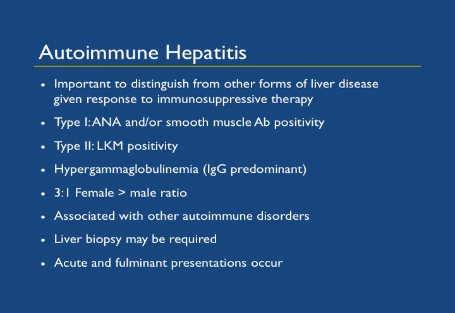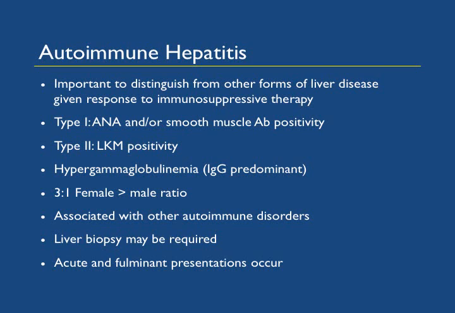There's a rare form, type 2 autoimmune hepatitis, that affects largely adolescents in which a liver-kidney microsomal antibody is positive. Autoimmune hepatitis is also characteristically defined by hypergammaglobulinemia with an IgG fraction predominant. There's a 3-to-1 female-to-male ratio, and a strong association with other autoimmune disorders, in which approximately 40% of patients will exhibit other forms of autoimmune behavior.